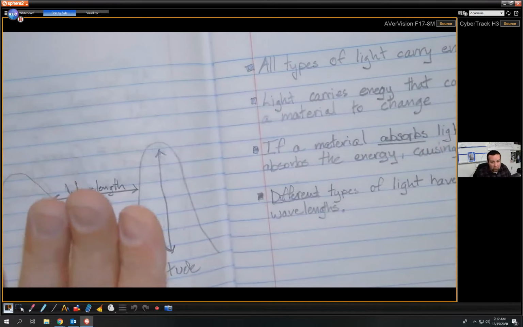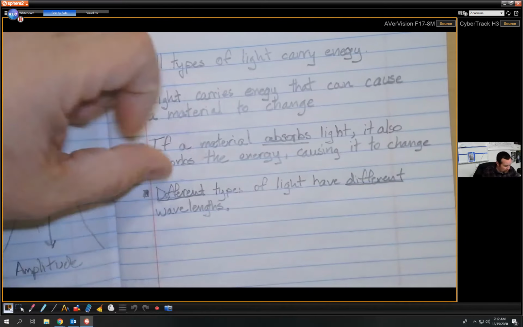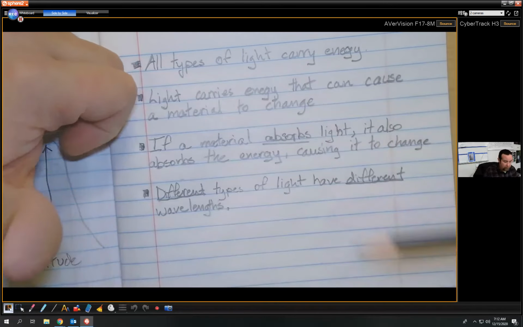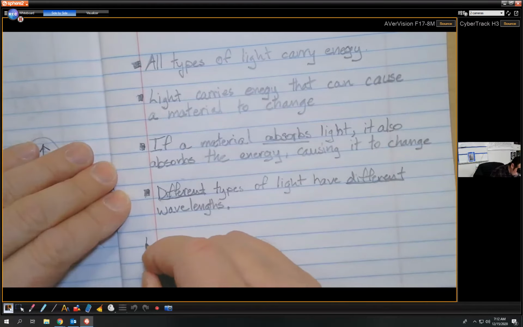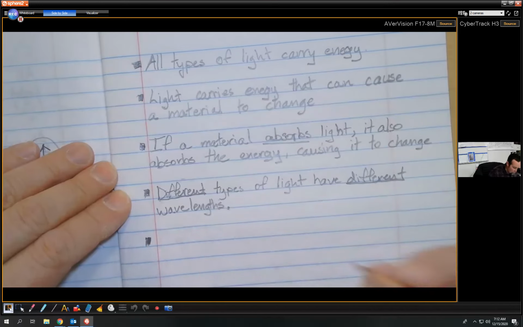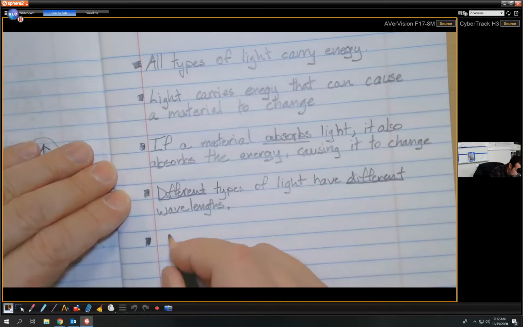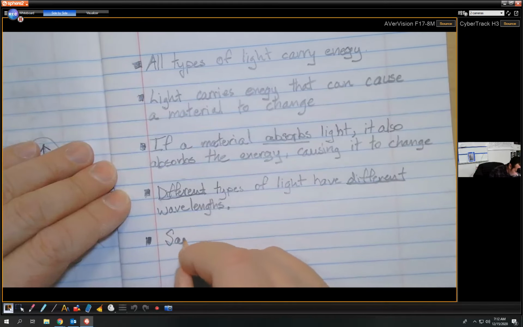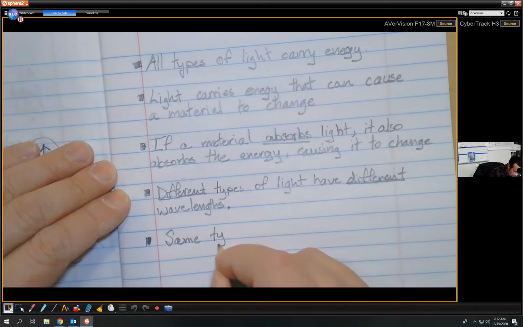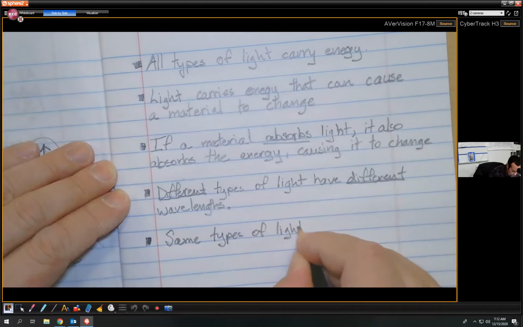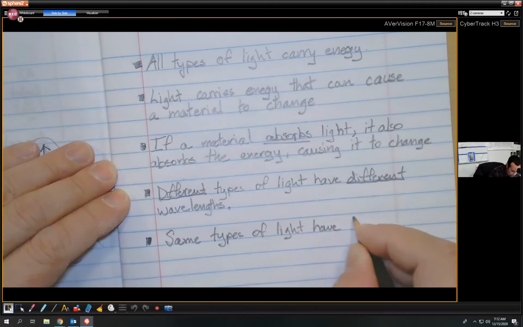So knowing that, we can take this statement, this is our key concept, and we can make our own key concept that says the same thing a little differently. So if different types of light have different wavelengths, then same types of light have the same wavelength.